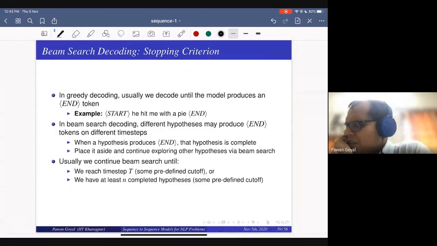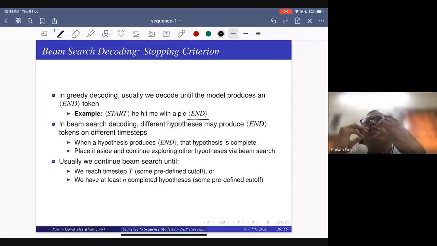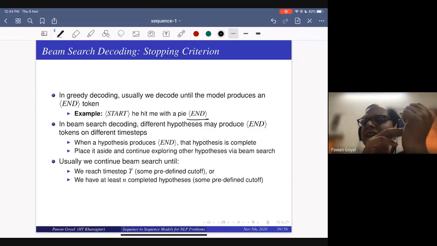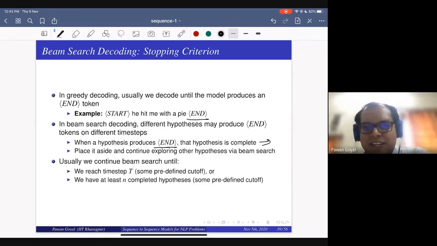So again, we need to talk about the stopping criteria. In greedy decoding, you stop when you generate an end token. In beam search, because you are generating different hypotheses, they may generate the end token at different times. So whenever a hypothesis gives you an end token, it's complete, and you place it aside and continue.